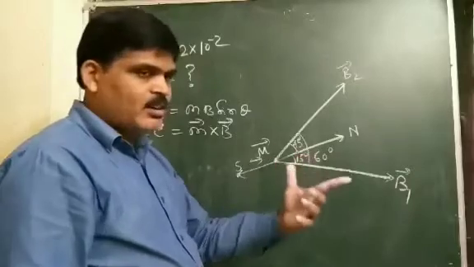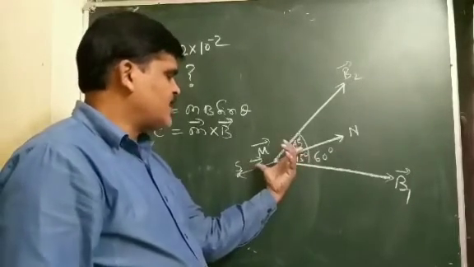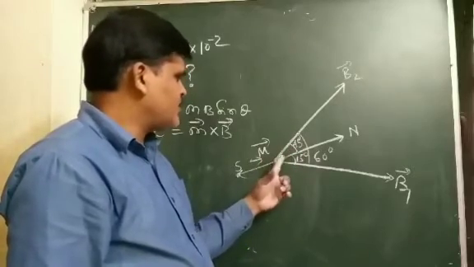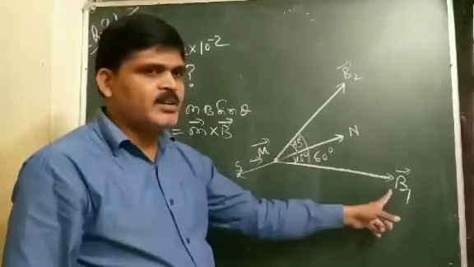But according to the question, this magnetic dipole comes to stable equilibrium when it makes an angle 15 degree with B1.